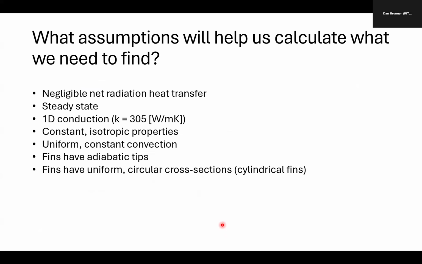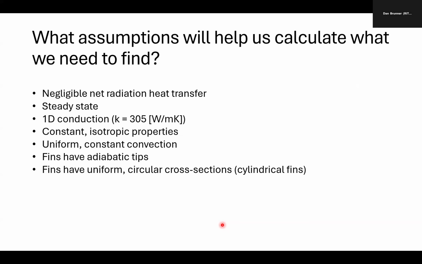Well, we're going to neglect any radiation, so we're essentially assuming that there's negligible net radiation heat transfer. We're going to assume that our conditions have reached a steady state, meaning that no variables are time varying. Any time derivatives will automatically go to zero. We're going to assume that we have 1D conduction through the silicon carbide.